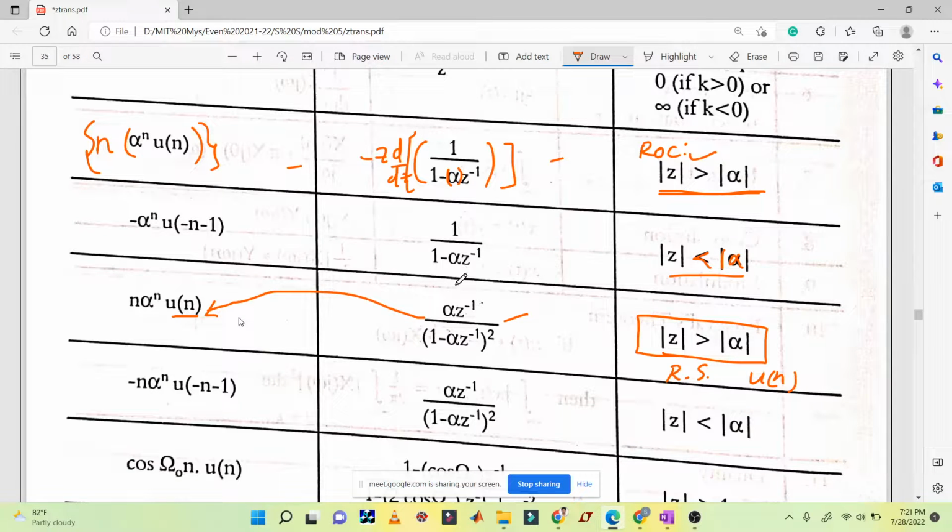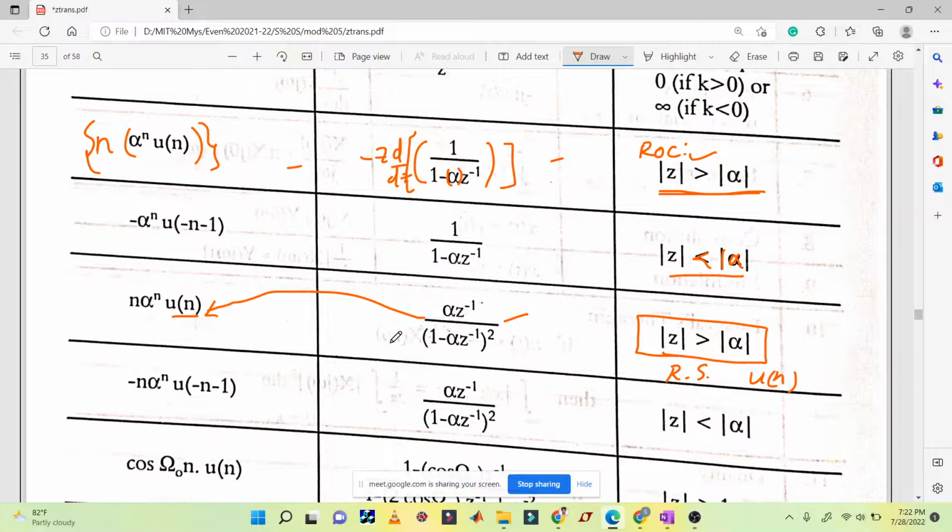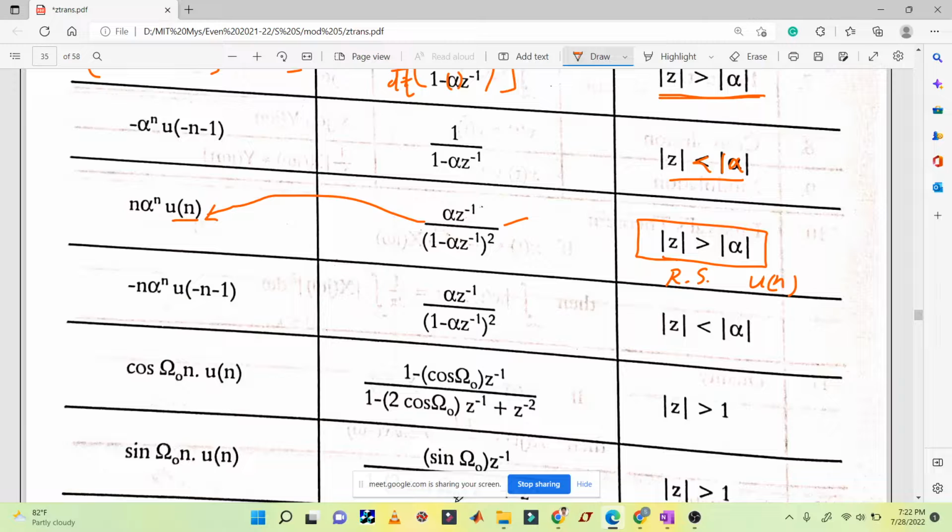Similarly, for the same sequence, for a left sided sequence also there is differentiation, multiplication by ramp n. For this you can have the same answer, but the Z transform has an ROC, z is less than alpha.